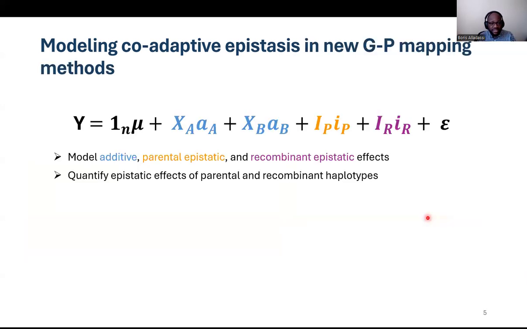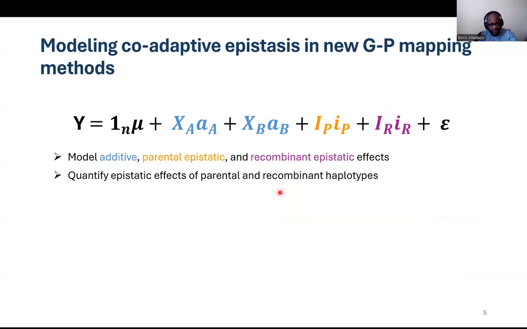So we are now modeling this by first fitting the additive marker effect as usual. But then in addition to that, we are also incorporating explicitly the parental versus recombinant epistatic effects to quantify the effect of those haplotypes.